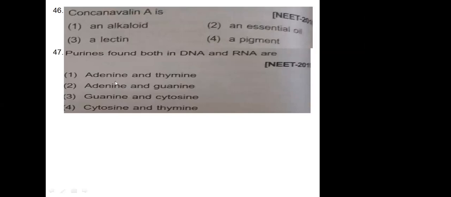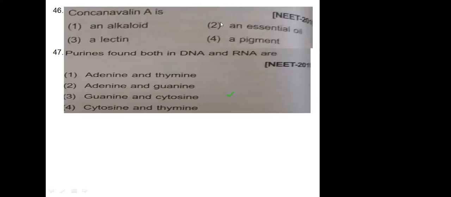Concanavalin is a lectin. Purines found both in DNA and RNA are adenine and thymine, adenine and guanine, guanine and cytosine, cytosine and thymine. It's adenine and guanine.